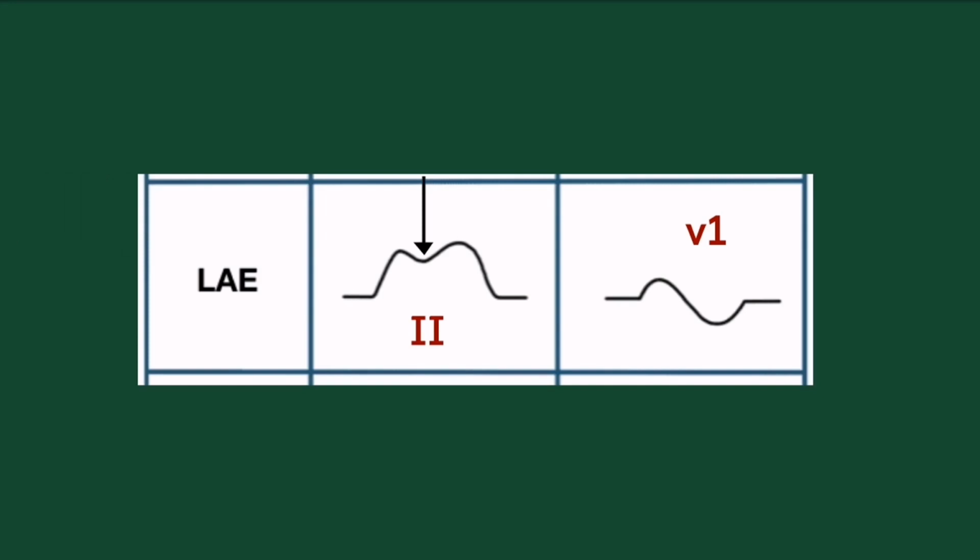But let's look at the P wave in this diagram. So here you see that the P wave is bifid, and the space between those 2 peaks should be at least one small box wide. And more importantly, the entire P wave would have a duration of more than 3 small boxes or 3 millimeters. And so if you have this, then you have left atrial enlargement.